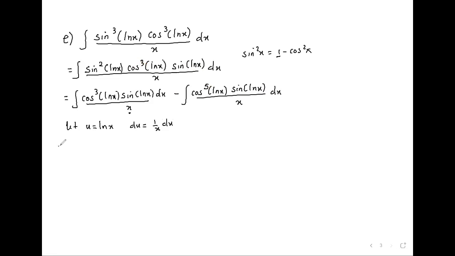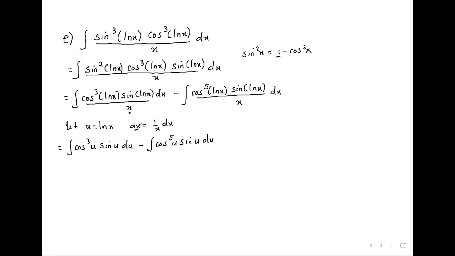So what we have now is something like cos^3 u sine u du minus cos^5 u sine u du, because that dx over x is just the du here.